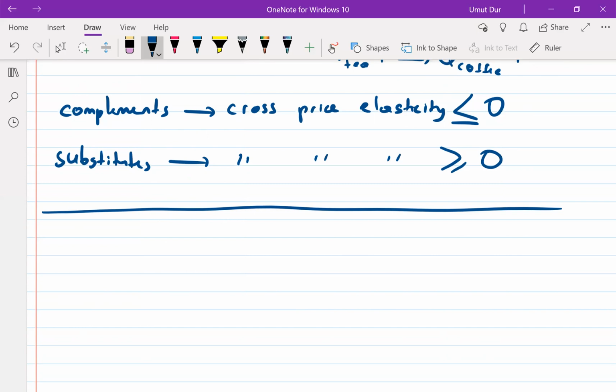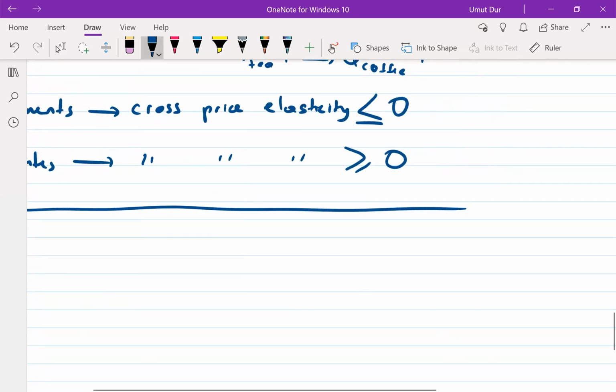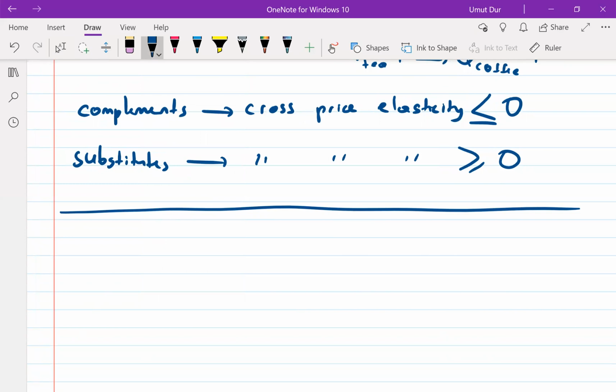We will continue today with one more thing, which is elasticity. So we have completed the demand.